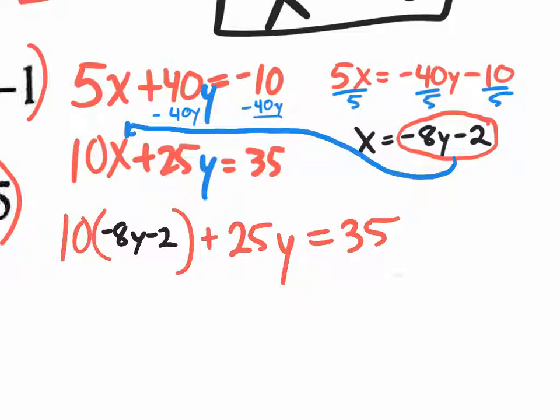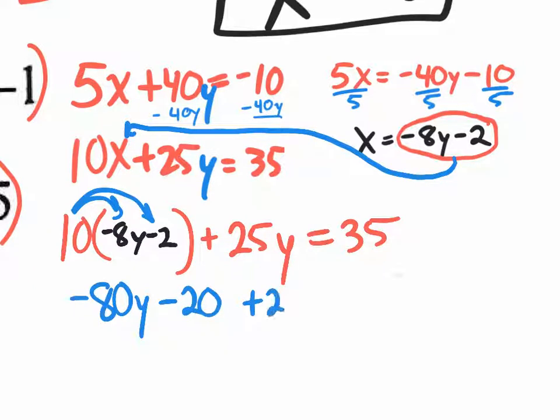And I'm going to distribute 10 times negative 8y, that's negative 80y. 10 times negative 2 is negative 20. And then I bring down the plus 25y. Out of those three terms, I could combine negative 80y with positive 25y.